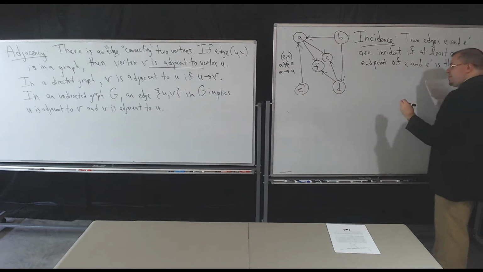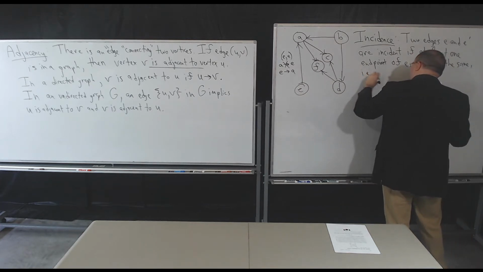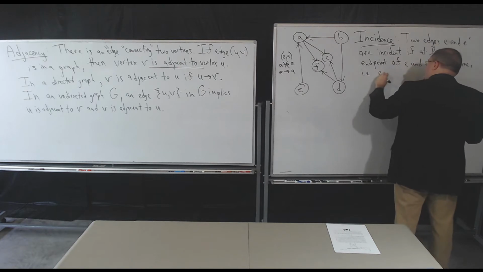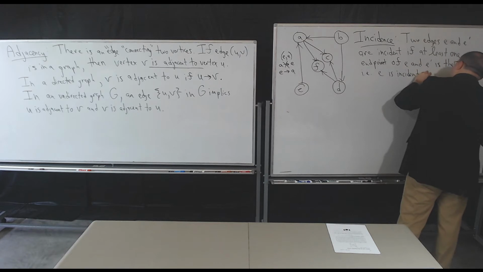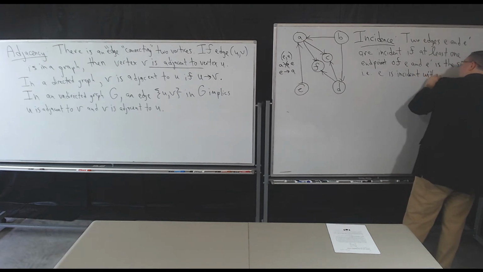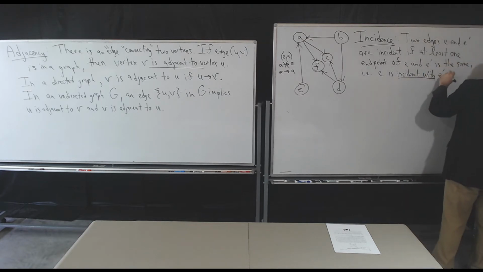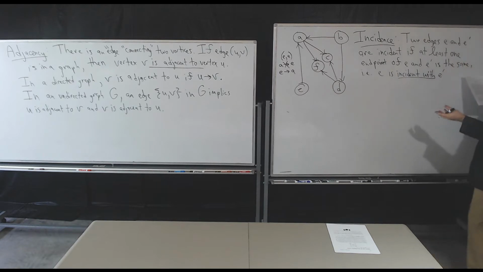I.e., this is the phrasing you would often use if we're talking about two edges. You can say E is incident with E prime. Now, there's another notion, the so-called way you talk about it in relation to vertices. So this is in relation to two edges.